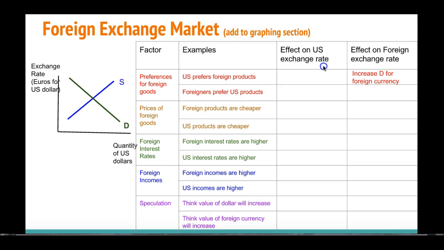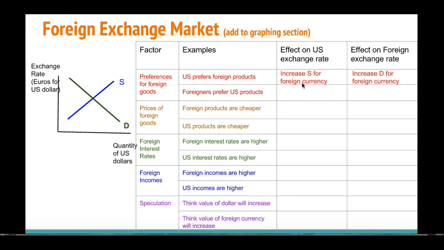So this is going to increase the supply of, sorry, this should be U.S. currency. I need to fix that. So increase the supply of U.S. currency. So it increases the demand for the foreign currency, in this case the British pound, but it increases the supply of the U.S. currency because we need more U.S. dollars to be able to transfer them to the British pound.